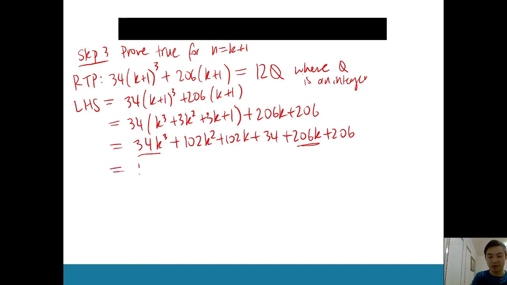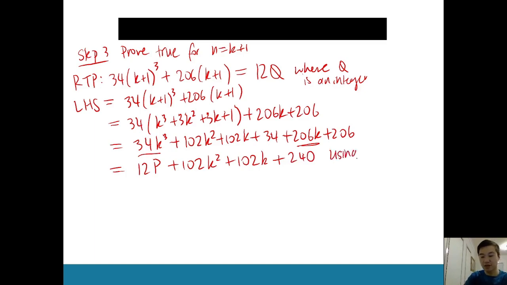So this is going to become 12p, these two being 34k cubed plus 206k, and then I have the rest of my expressions: 102k squared plus 102k plus 34 plus 206, which is 240. I write 'using assumption' to flag to the marker that I've used the assumption and show where that result came from.